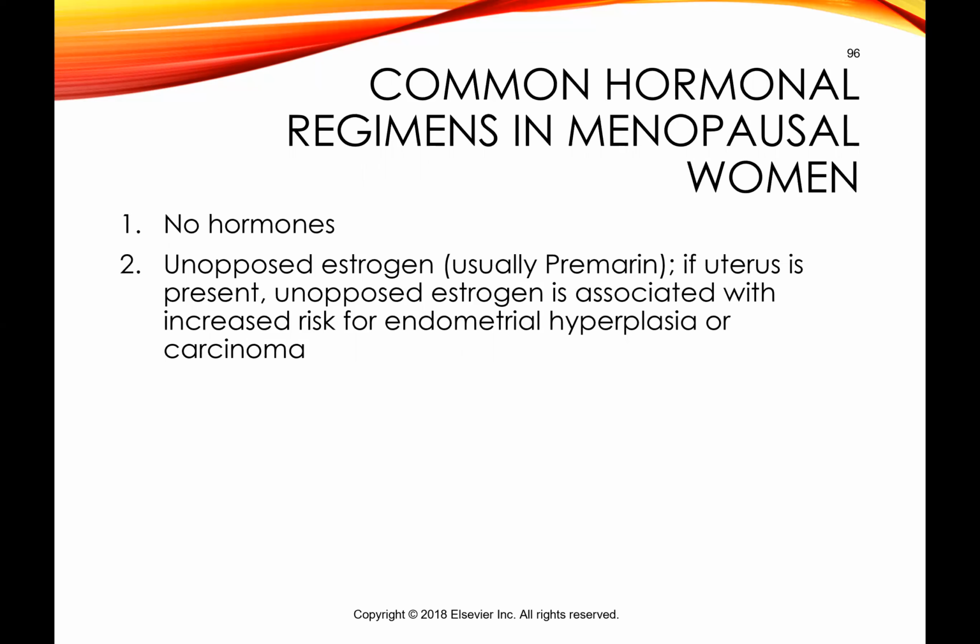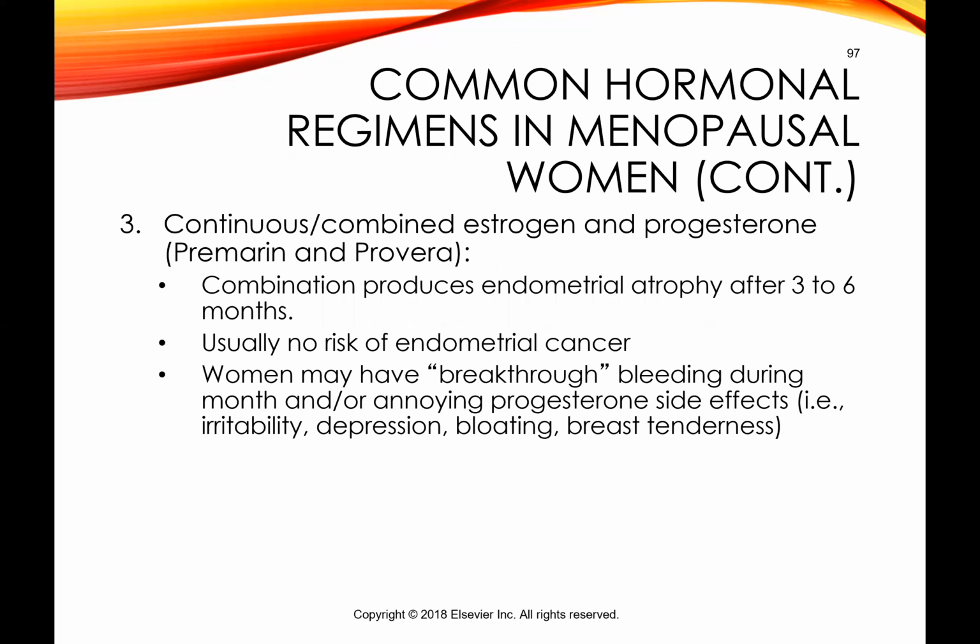So number 1, no hormones. Number 2, unopposed estrogen, usually Premarin. This will cause a thicker endometrium, with a potential for endometrial hyperplasia or carcinoma.